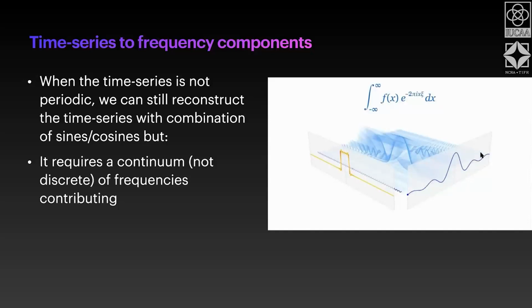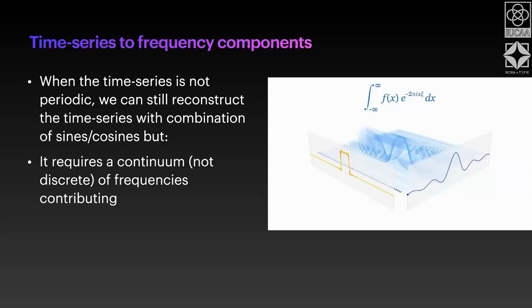And once you combine a continuum of these monochromatic waves at different frequencies, obviously, but also different amplitudes and different phase, that are two numbers associated at each frequency, then you can reproduce this particular non-periodic function.